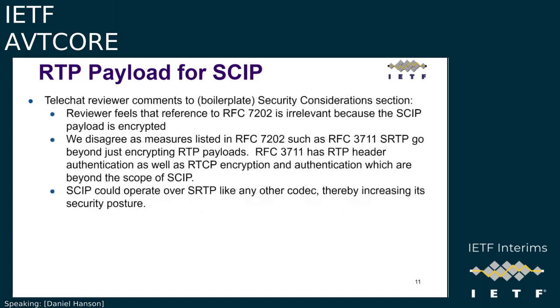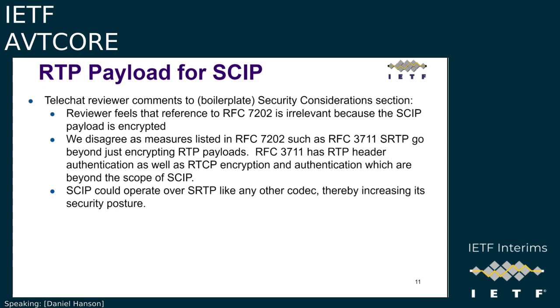I guess next slide. There was also some talk from one of the reviewers about the security considerations section, specifically the boilerplate text that refers to RFC 7202. The reviewer felt that was irrelevant because SKIP payload is encrypted.